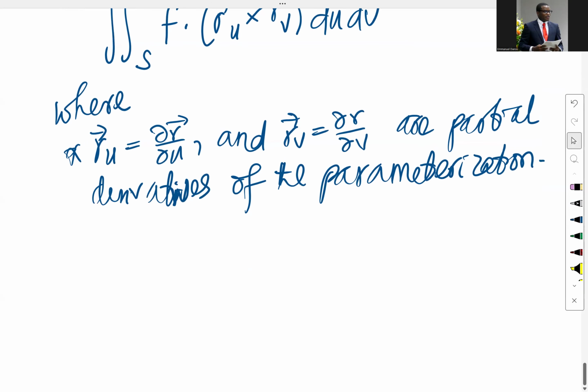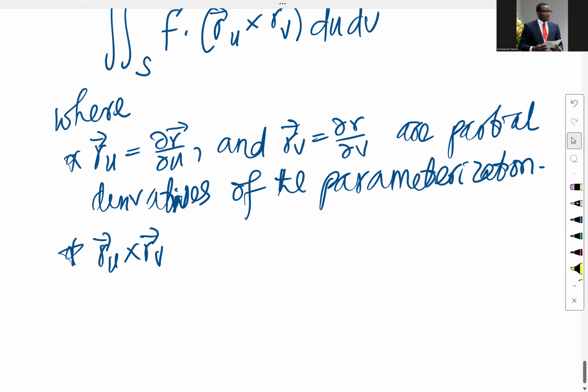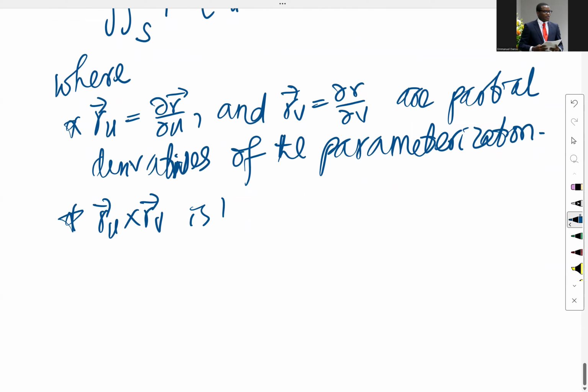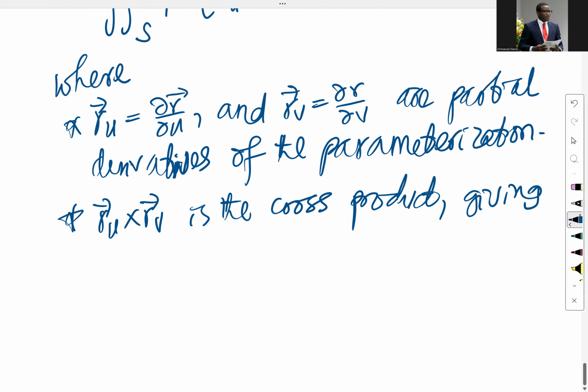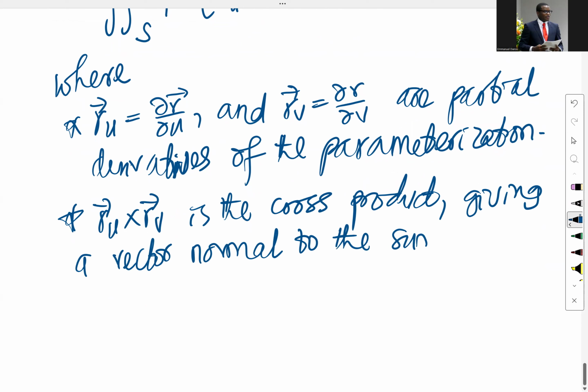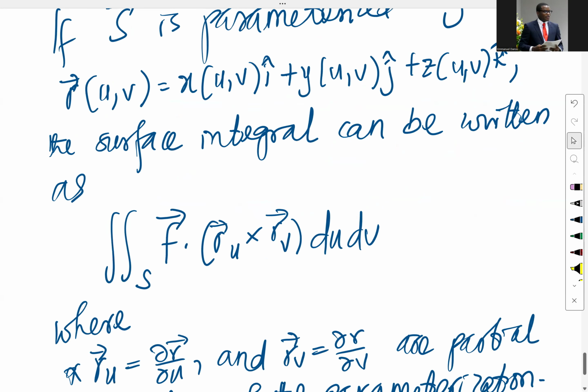Okay, so now we have r_u cross r_v. r_u cross r_v is actually the cross product, given a vector normal to the surface. So it is the cross product given a vector normal to the surface.